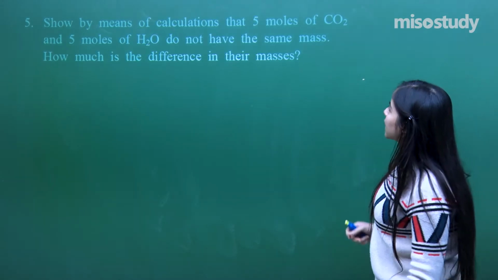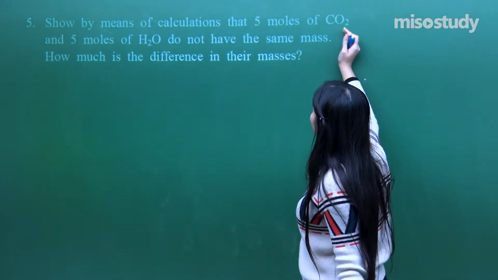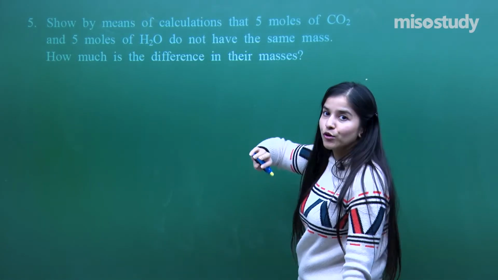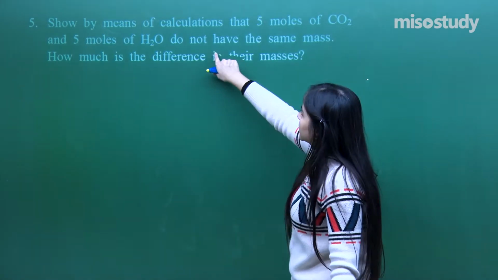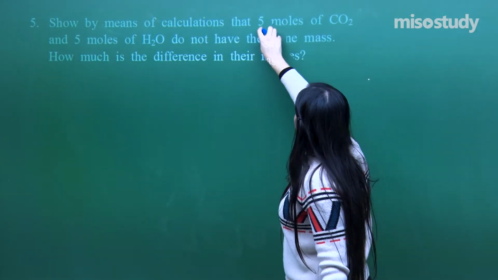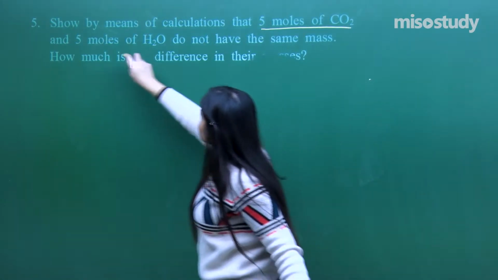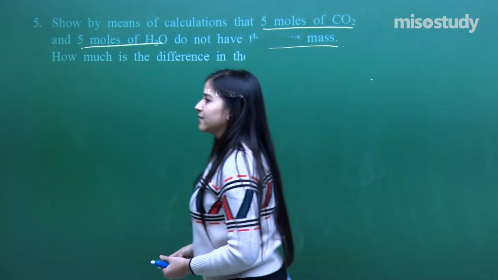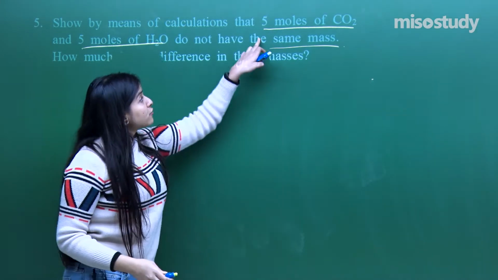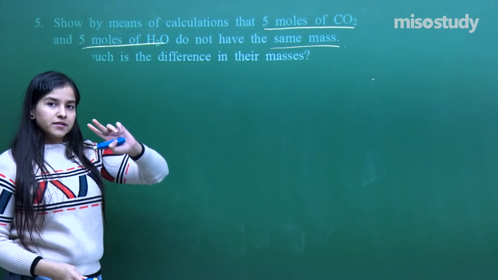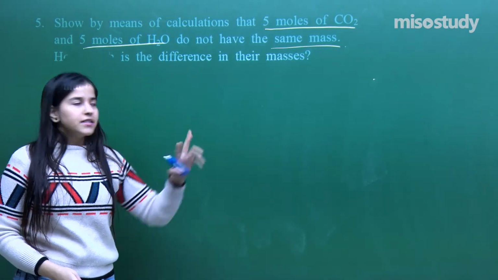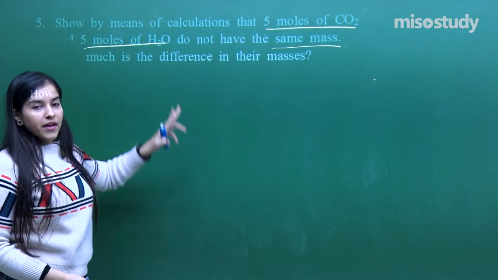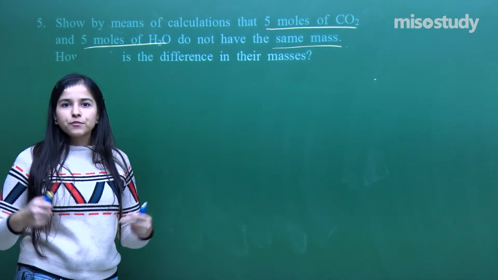Fine. Now, show by means of calculations that 5 moles of CO2 and 5 moles of H2O do not have the same mass. This is again the mole concept, very interesting. They are talking about 5 moles each, but the compounds are different, carbon dioxide and water. So the masses will also be different.